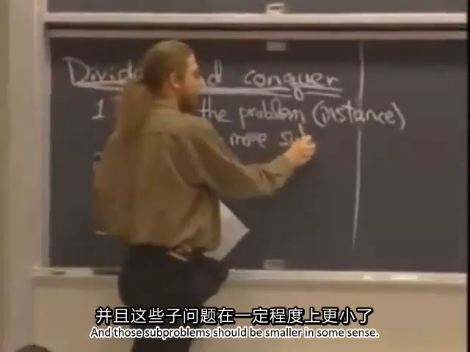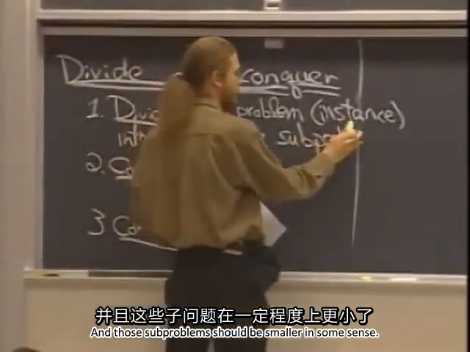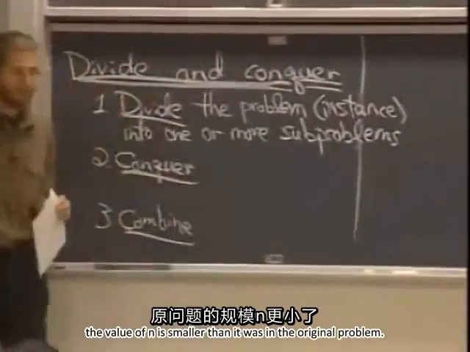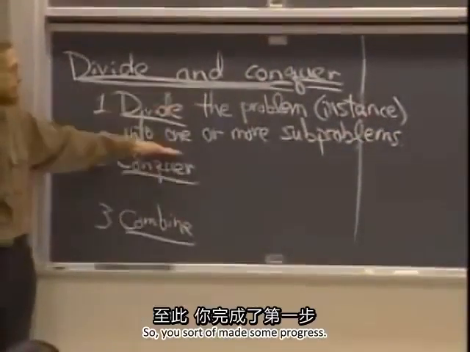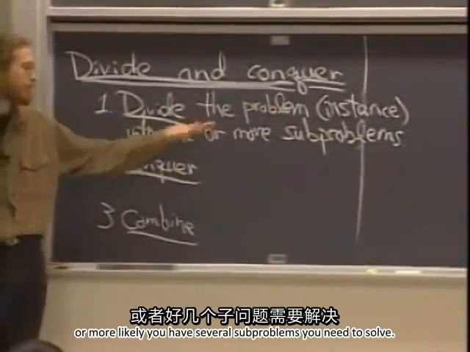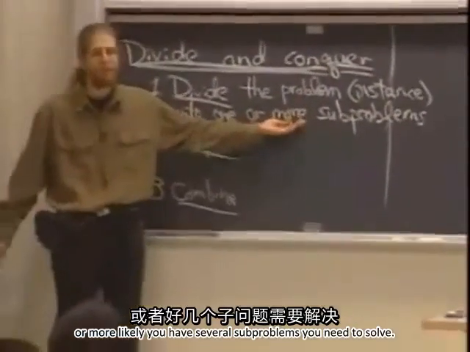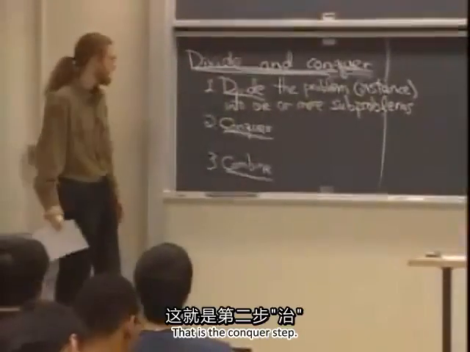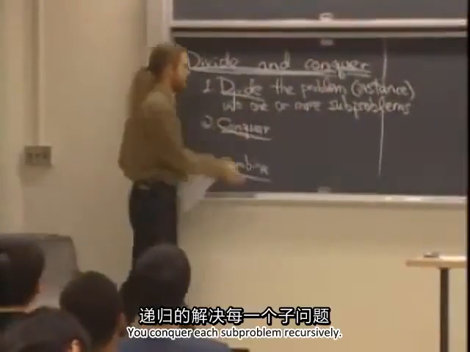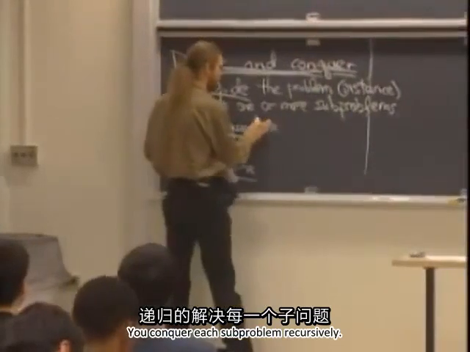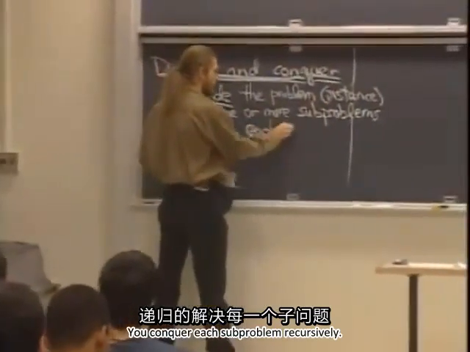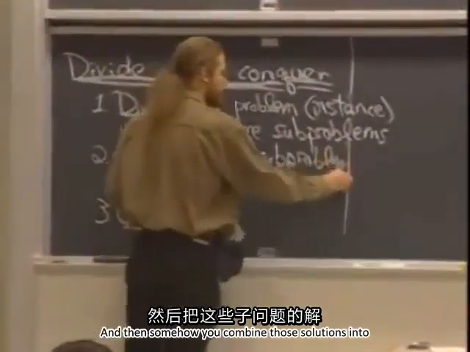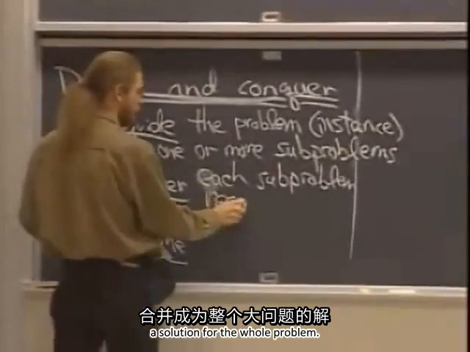And those subproblems should be smaller in some sense. Smaller means normally that the value of n is smaller than it was in your original problem. So you've made some progress. Now you have one or, more likely, several subproblems you need to solve. Each of them is smaller, so you recursively solve each subproblem. That's the conquer step. So you conquer each subproblem recursively, and then somehow you combine those solutions into a solution for the whole problem.